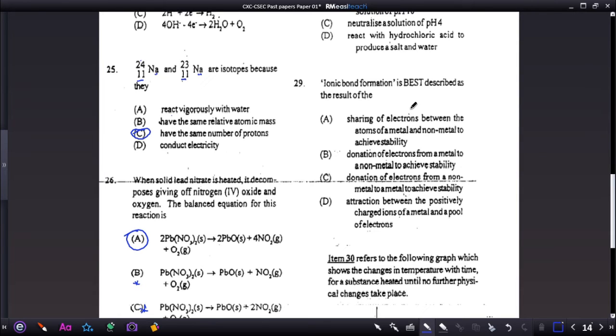Now, when you have the positive ions and the negative ions, they will be attracted to each other, and that attraction between the positive ions and the negative ions results in ionic bonding. So B would be the best. That is why I say B is the best one. It's the donation of the electrons from the metal to the non-metal. So this represents the steps going towards ionic bonding. Hence the word best is highlighted there.